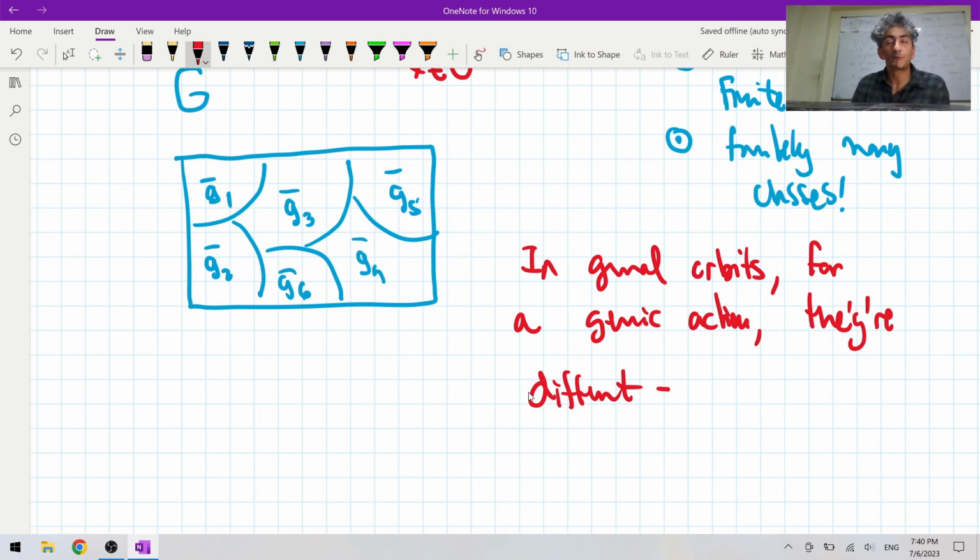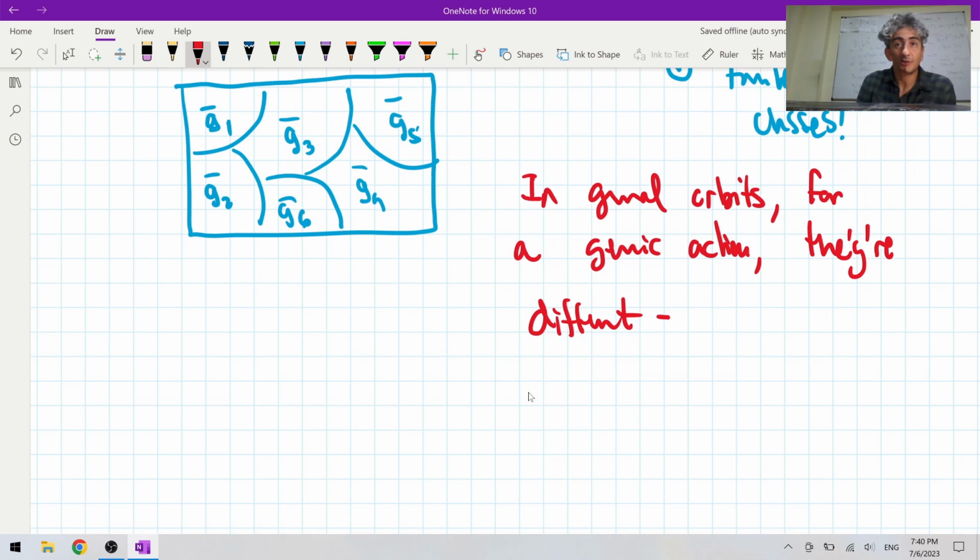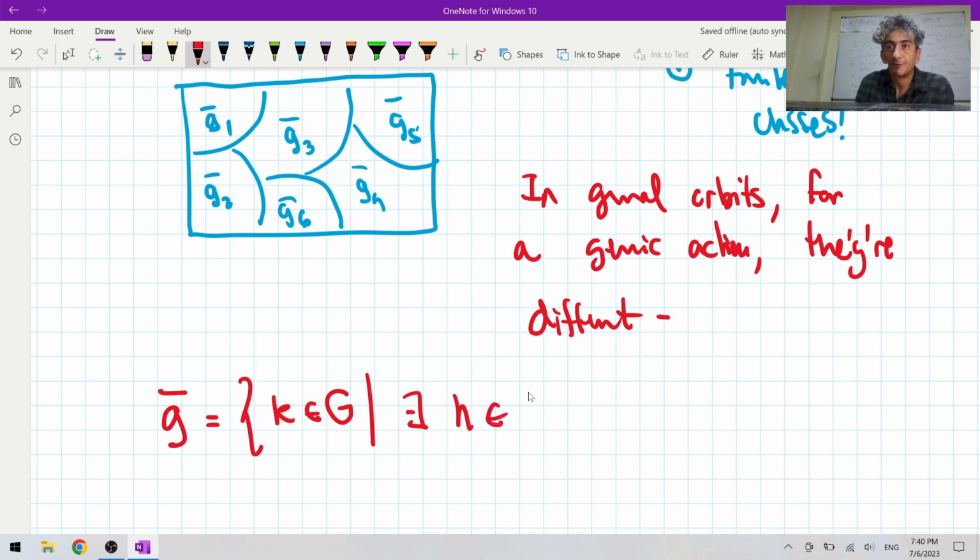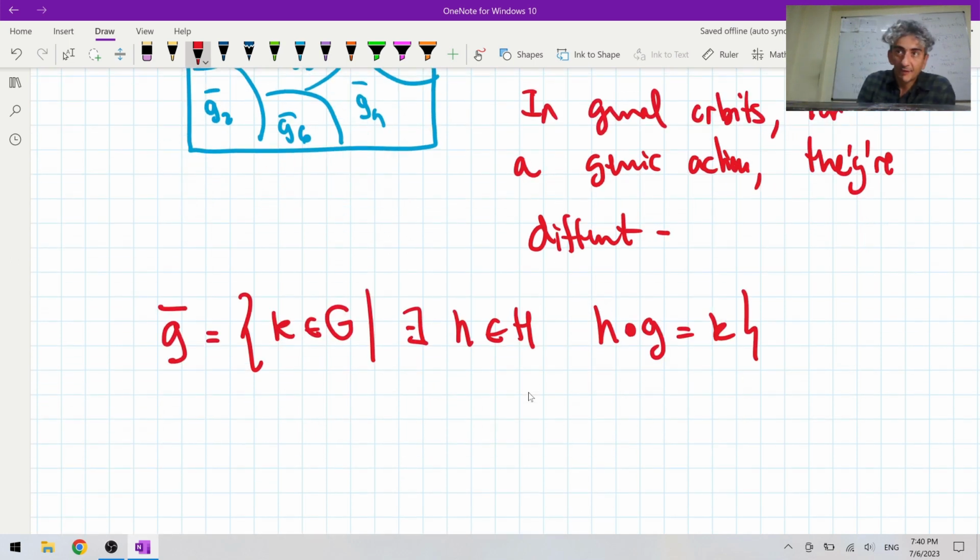But for the Lagrange action, if you take a look at it, the orbit of G is actually all the elements K belonging to the group G, such that there exists an H in H that acting on G gives K. But this action is actually group multiplication for the Lagrange action.